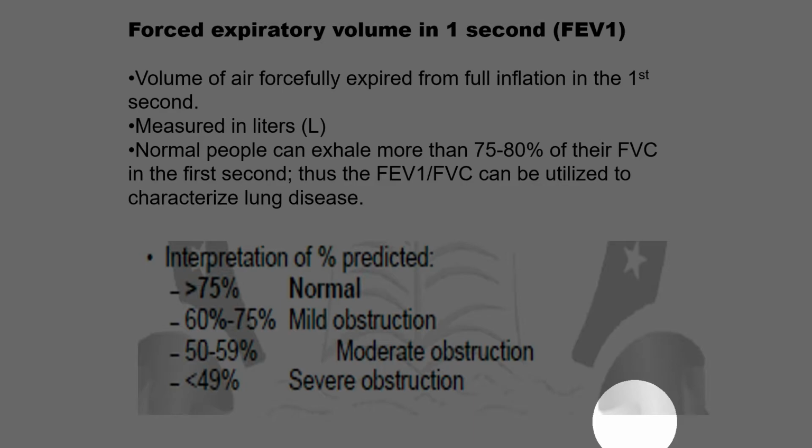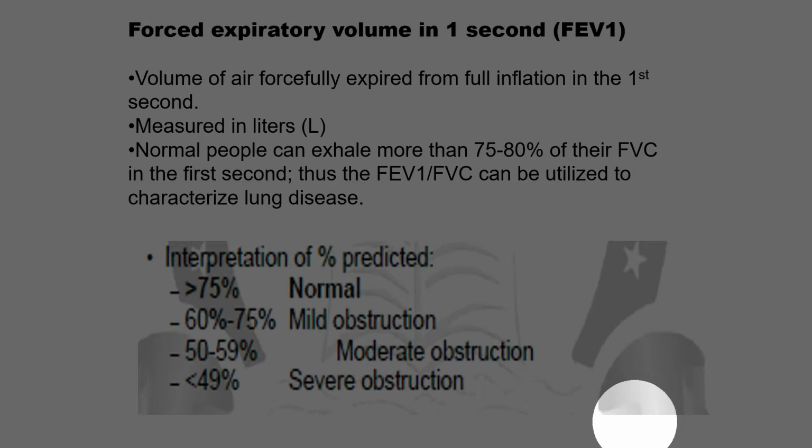Now come to another parameter which is important for the pulmonary function test. This is the forced expiratory volume in 1 second. Previously we had forced vital capacity, now here it is forced expiratory volume in 1 second. Again I am repeating, for forced vital capacity we consider up to 3 seconds, so that the maximum amount of air is exhaled in 3 seconds.